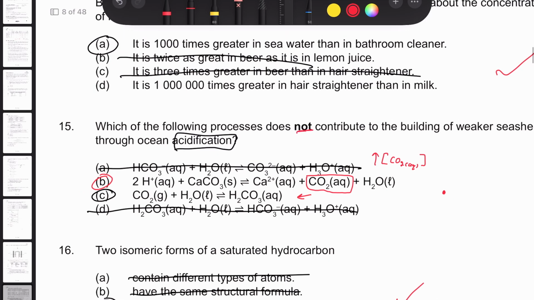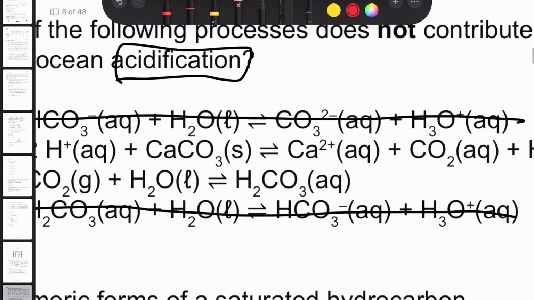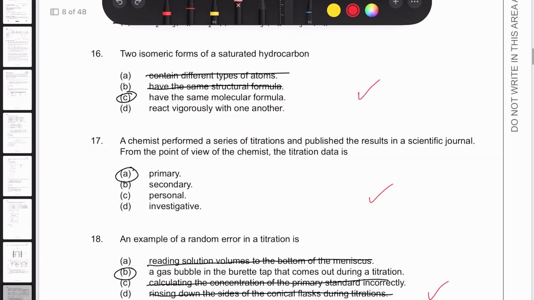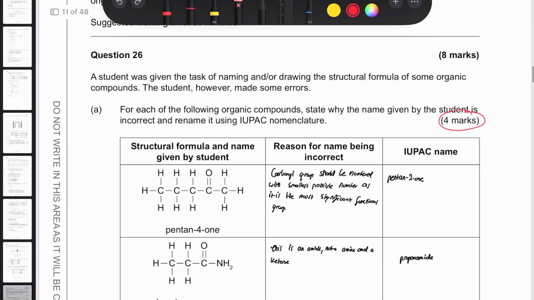So yeah, it does not, because it would lead to increased building of stronger shells. But I don't know, because it talks about acidification, not the release of CO2 into the atmosphere and into the ocean. But whatever. So yeah, the rest of them were fine.